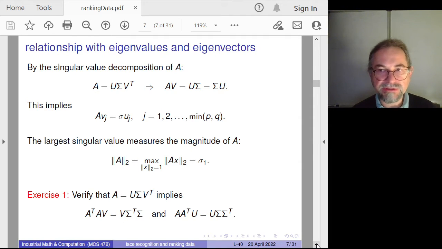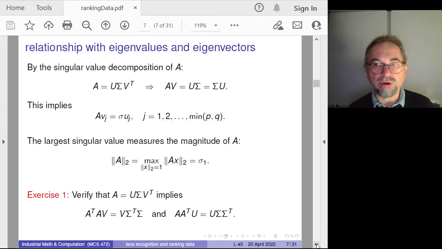So the largest singular value can be interpreted as the magnitude of that operator A. So it says what the matrix does to unit vectors, how much they get stretched out. In numerical analysis, we related this to the definition of the condition number of a matrix. Okay, it also says something about the magnitudes of the numbers that are stored in the matrix A.